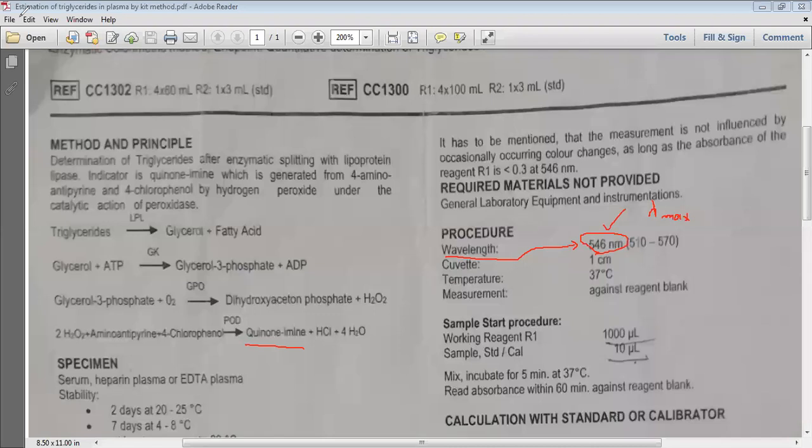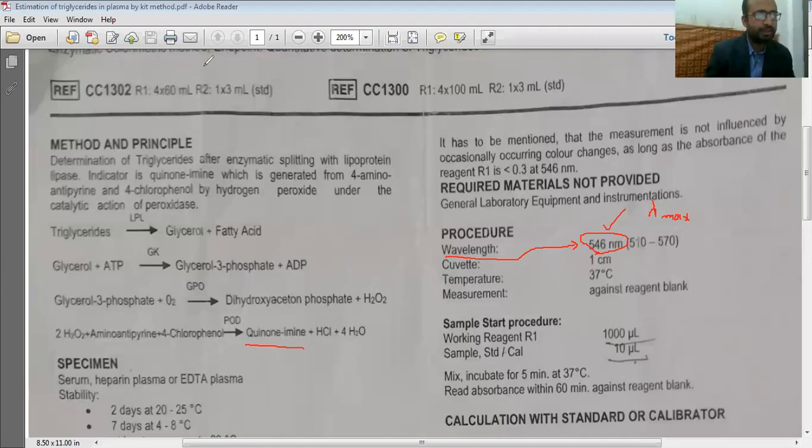Now, this is the lambda max, and you will set the spectrophotometer at 546 nanometer, and there will be keywords. You will use these keywords to take the absorbance of the colored compound. Temperature should be 37 degrees Celsius, and you will make three test tubes.